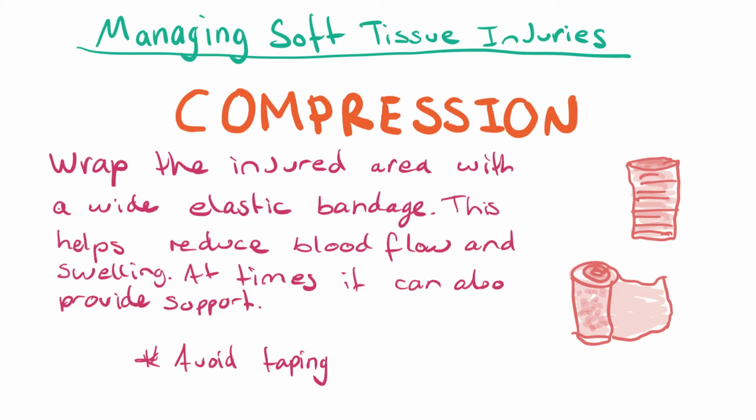So if you've rolled your ankle and you've got strapping tape on it, the swelling will try to swell out through the gaps in the tape, which can cause further damage and other soft tissue injuries such as blisters and cutting. Obviously, if you've got tape on and you've injured yourself, it would be at the discretion of the team medic or the person applying first aid whether they leave that on or take it off, because in the initial stages it may aid in the response.